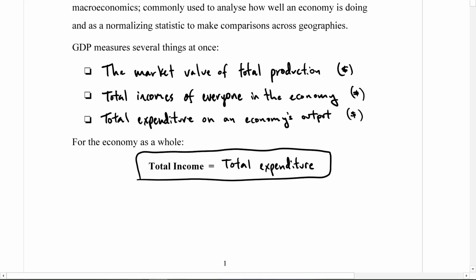Once we start adding international trade into the mix, this doesn't necessarily have to hold at a single country level. Once you go to a global level, then by definition it needs to be true that the total income is being spent somewhere else on expenditure. So the broader the region that you're dealing with, the more likely this equality is to hold.